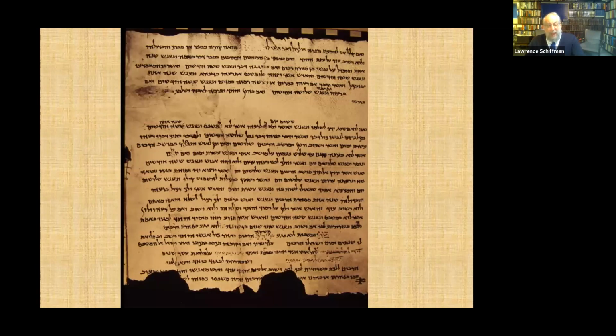Now, first, we're looking at the text which is called the Rule of the Community. The Rule of the Community was one of the seven original scrolls, and it is the text that scholars immediately pounced on to compare to Josephus to come up with the Essene theory, which, as I mentioned, is the dominant theory of scrolls identification.